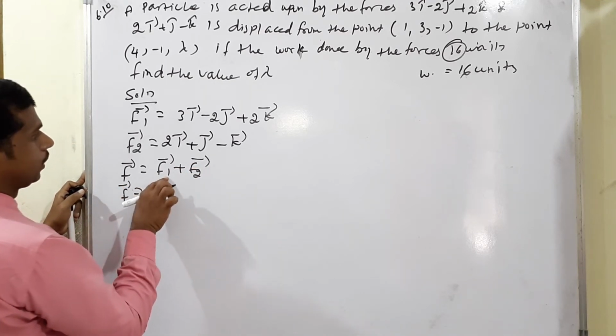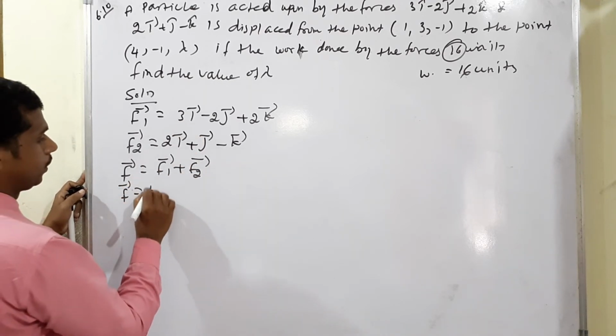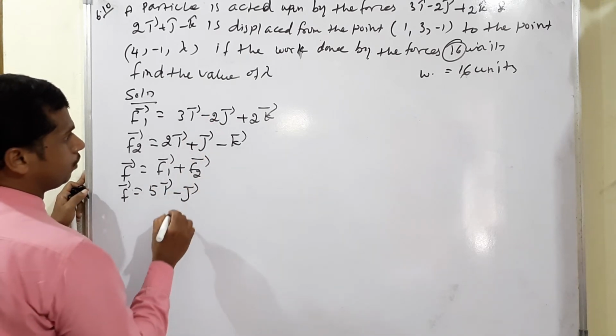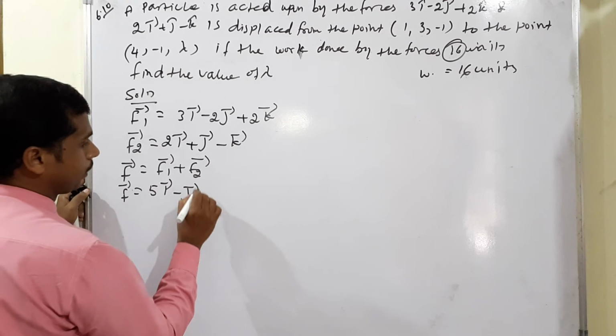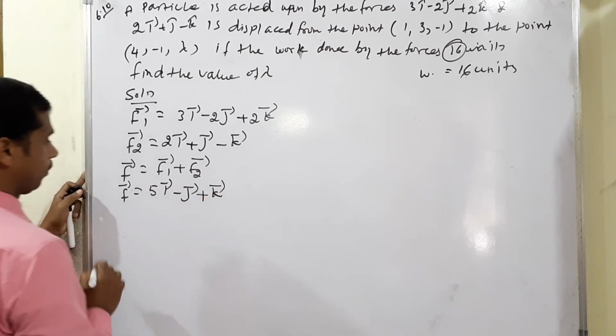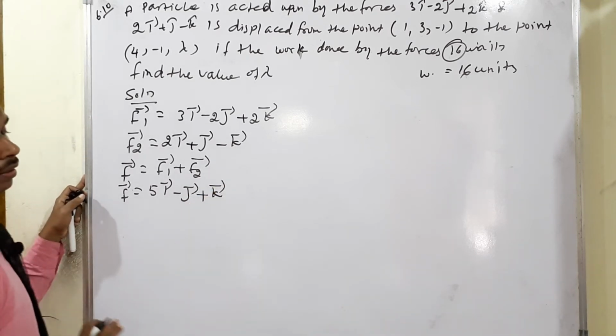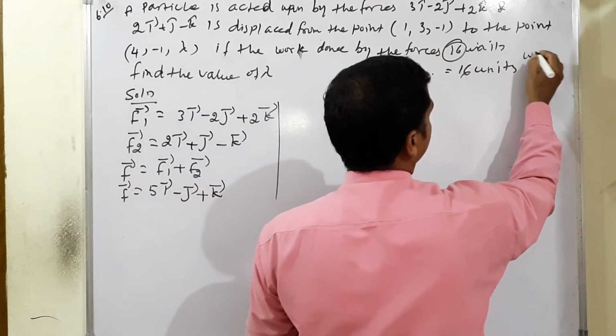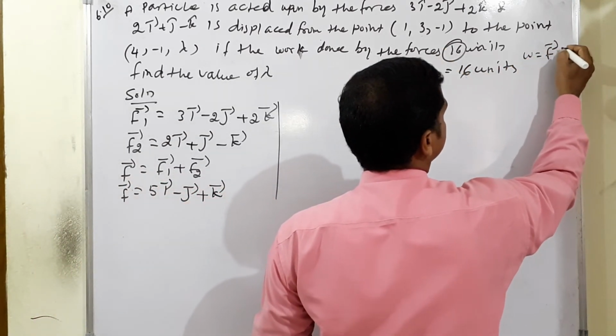So 2 plus 3 is 5i vector, minus 2 plus 1 means minus j vector, plus 2 minus 1 means plus k vector. This is called F. Then we also need D, because the work done formula is force dot D.